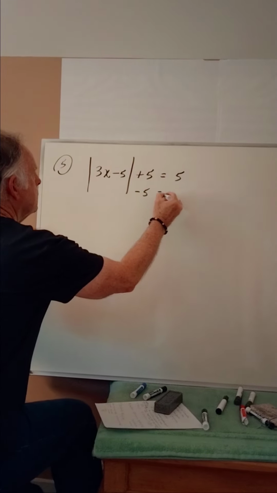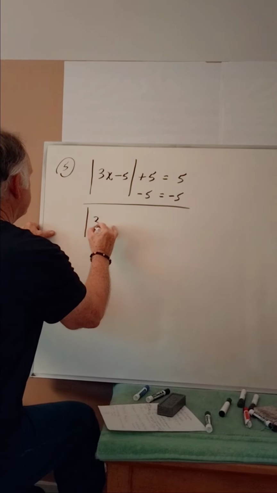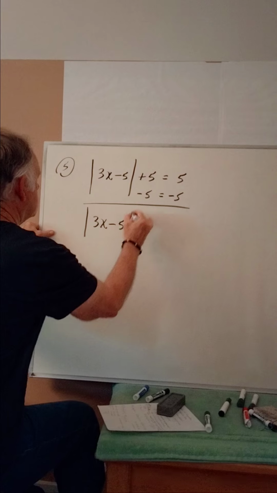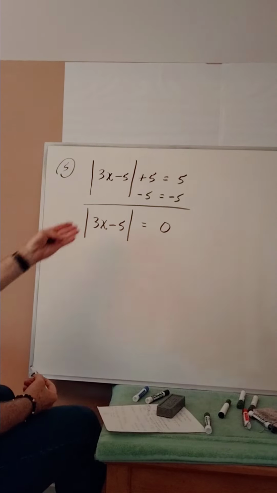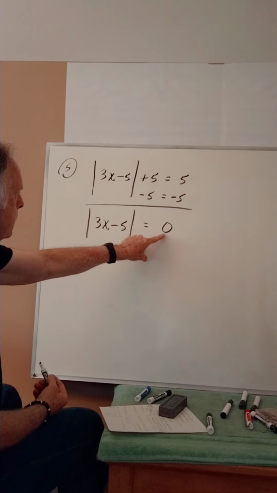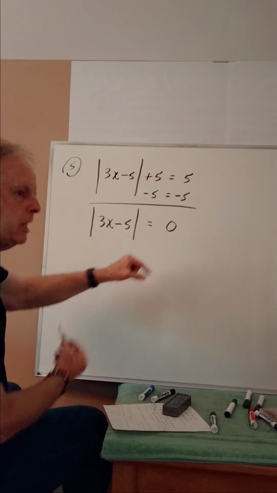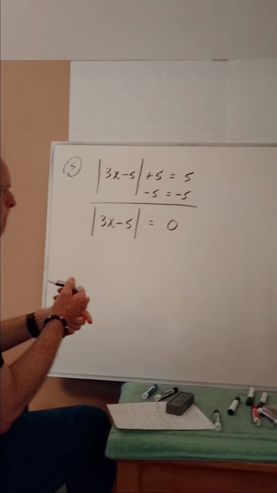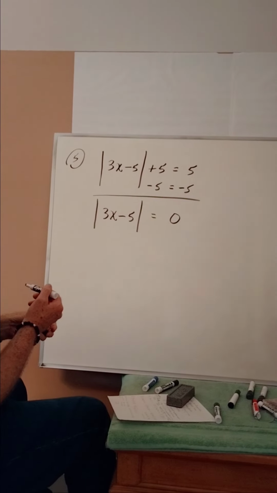Negative 5. Negative 5. We get it down to the absolute value of 3x minus 5 is equal to 0. It's isolated. There's your u. There's your c. And this time c is 0. Yes, the absolute value of an algebraic expression can be equal to 0.